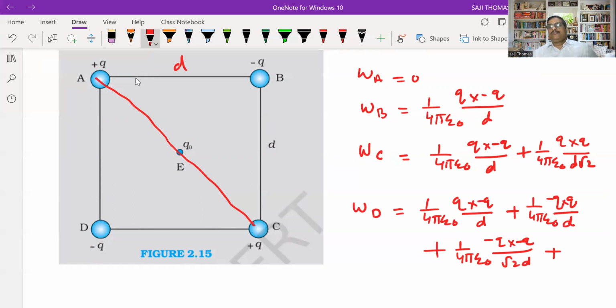Okay, so now total potential energy, how will you do it? We have to add all these terms. Total how many terms will come? 1, 2, 3, 4, 5, 6 terms will come. So we have considered all charges now.